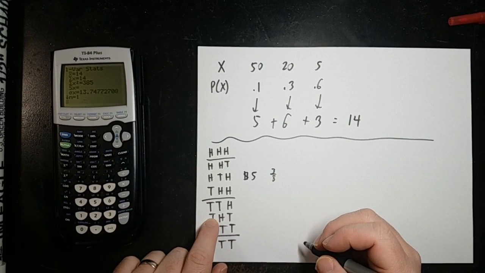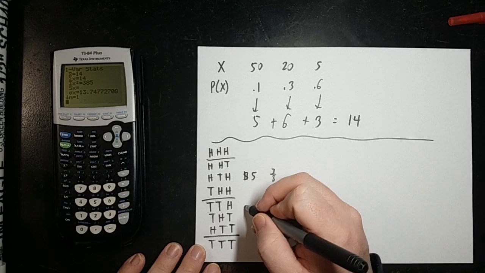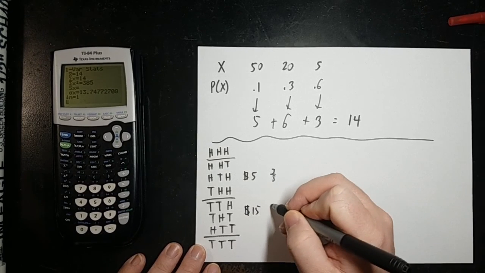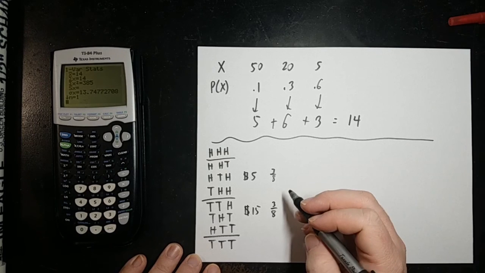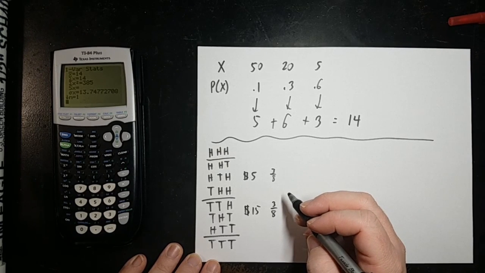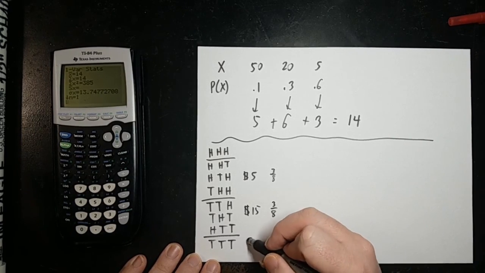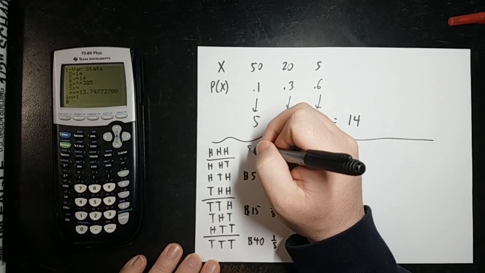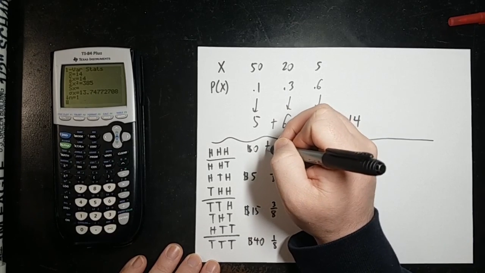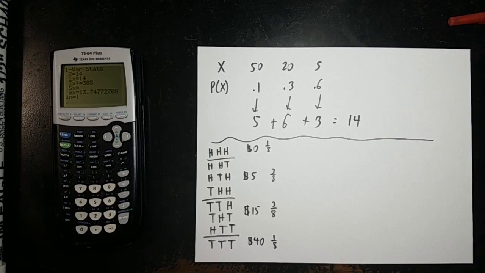If you get a tails twice, you get $15, which there's a 3 in 8 chance of that happening. And you get a tails on all 3, you get $40, which is a 1 in 8 chance of that happening. And I'm assuming you get $0 on this 1 in 8 chance as well.